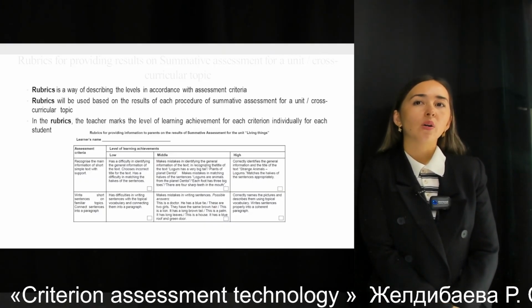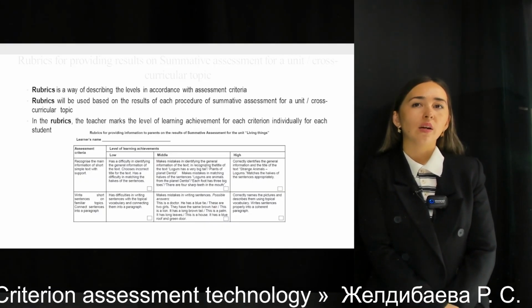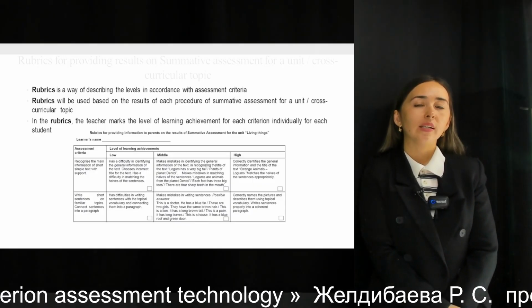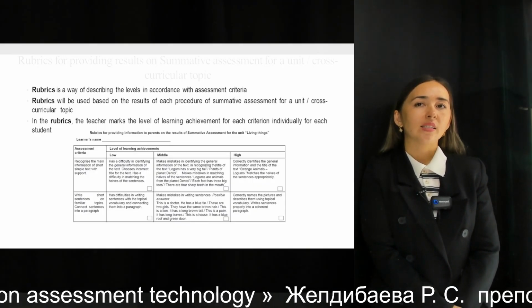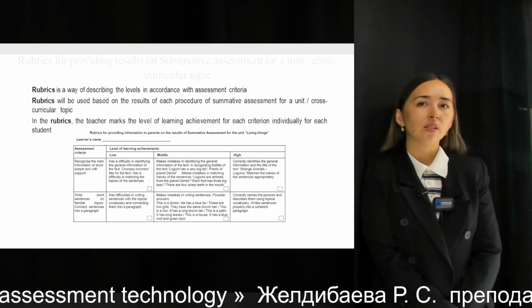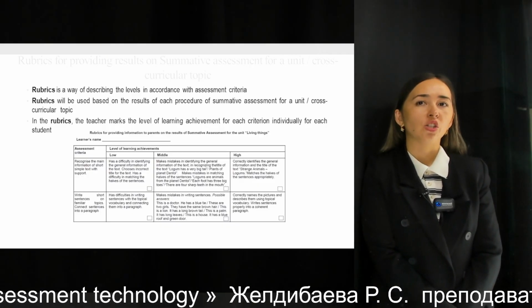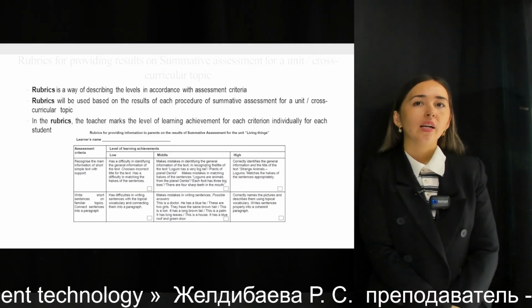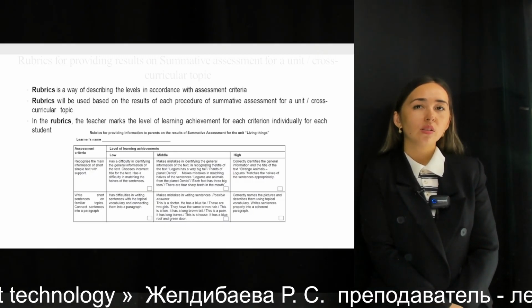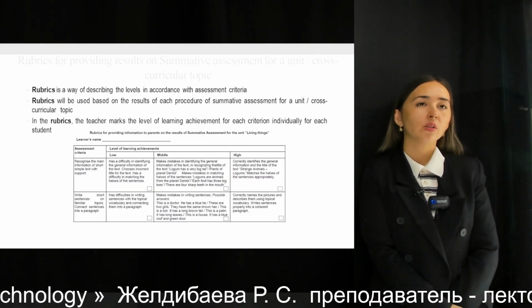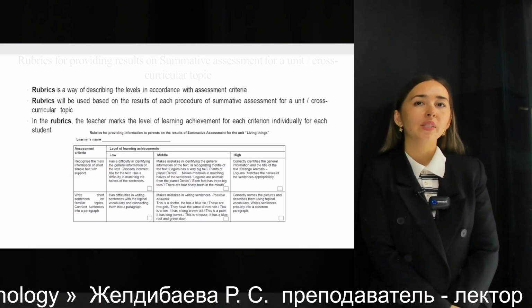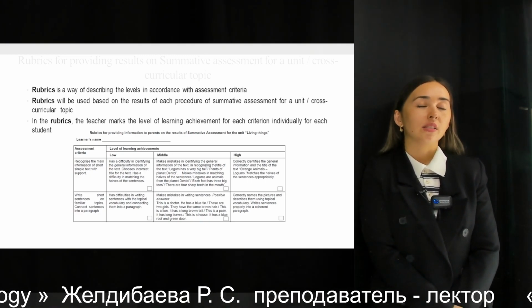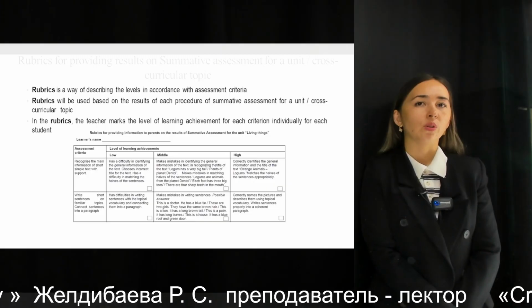If we speak about the low level of learning achievement, here the student has difficulty in identifying the general information of the given material. In the middle, the student understands the material but makes some mistakes in identifying the general information of the unit.